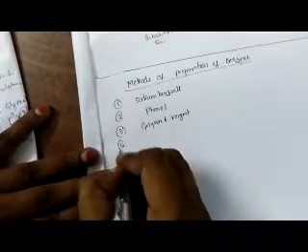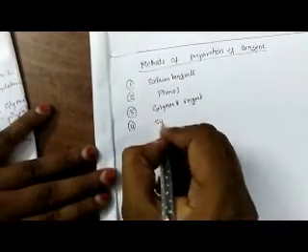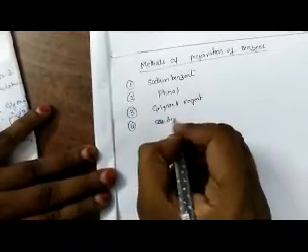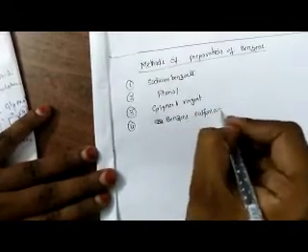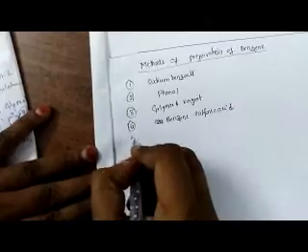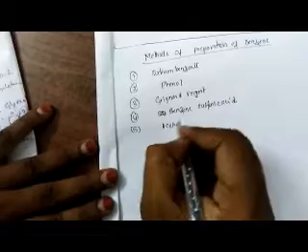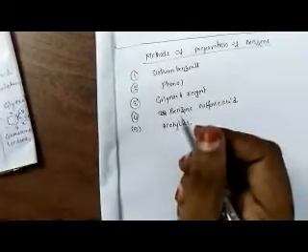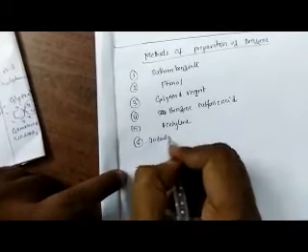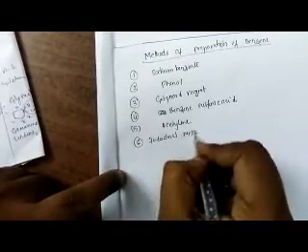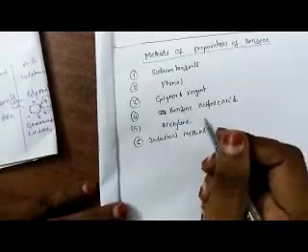And the fourth method is from benzene sulfonic acid. And the fifth method is from acetylene. And the sixth method is the industrial method. Nowadays this is the method used to prepare benzene on a large scale, from N-hexane.